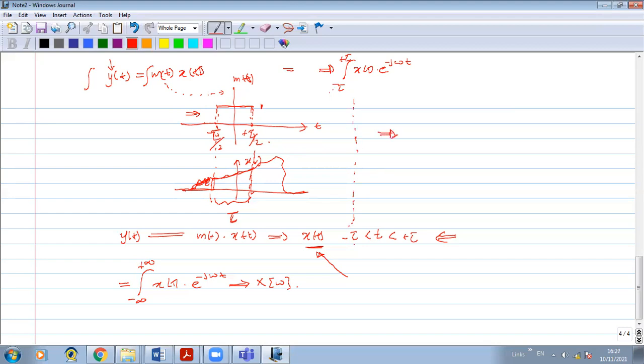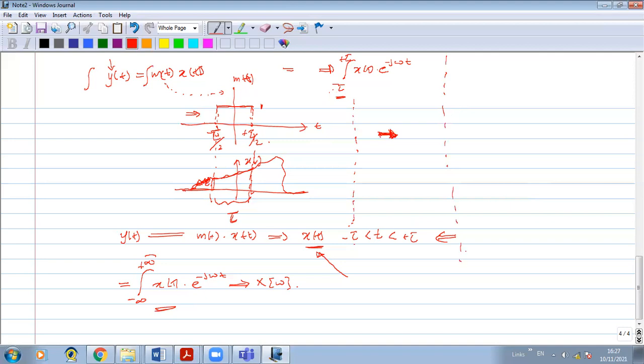Maybe I am wrong. Anyway, I will check this, and we will try to do this. If I could find the solution, I will record this and upload. At this point, I couldn't see any relationship between this integration and this integration, because here it is minus infinity to plus infinity, and here it is minus tau to plus tau.